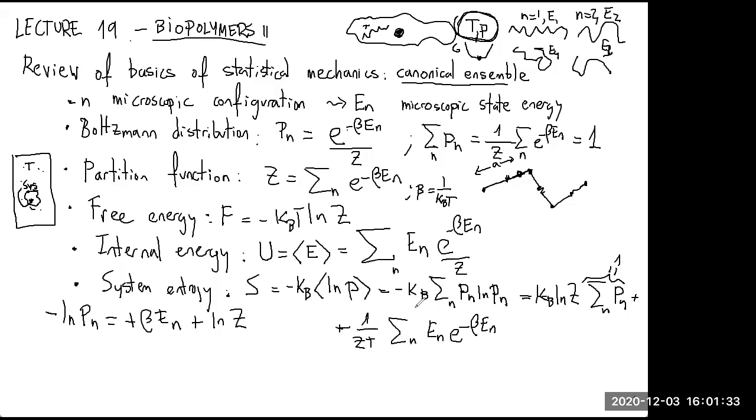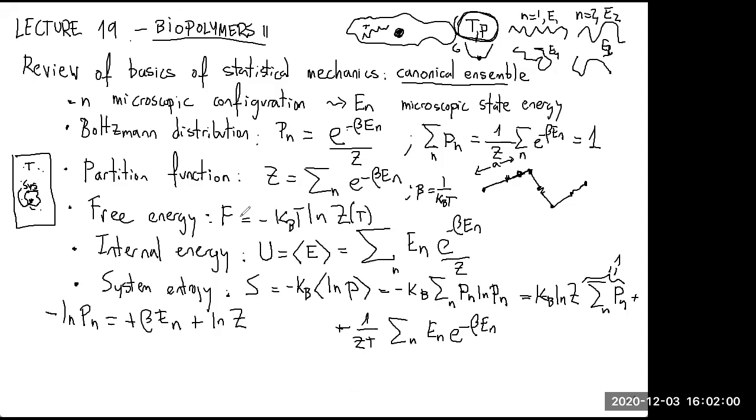Okay, so you should realize one thing from here, which is the following. If you take the free energy and you take the derivative with respect to T, you will get this result. F depends on T, but also Z depends on T because there is the beta.